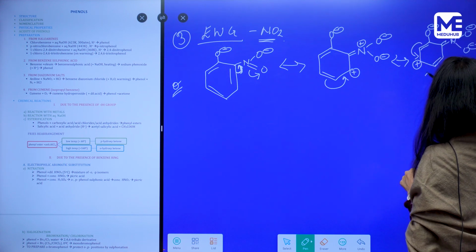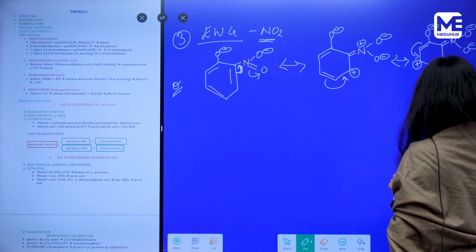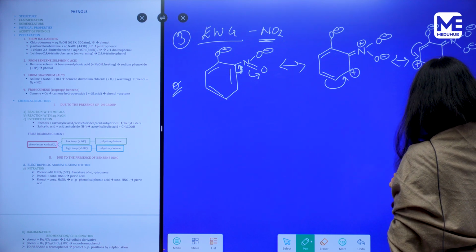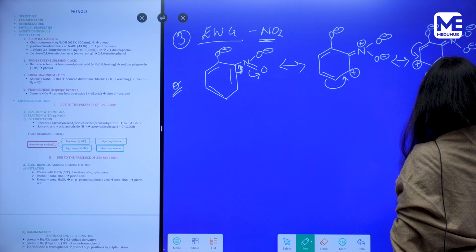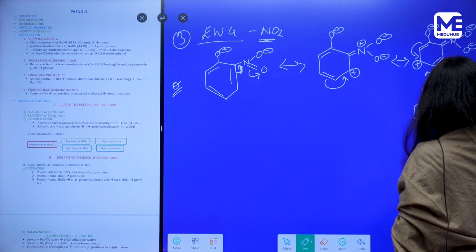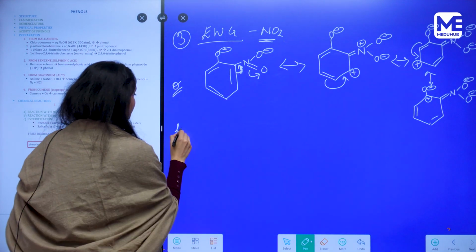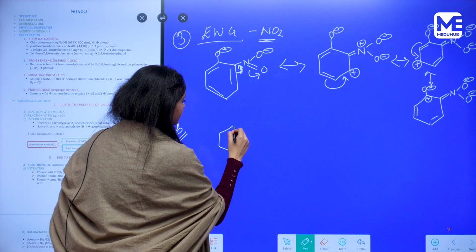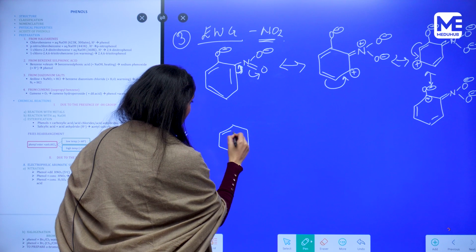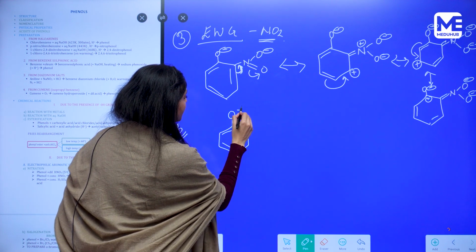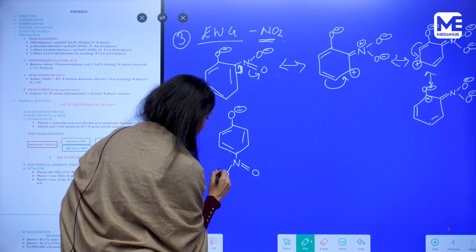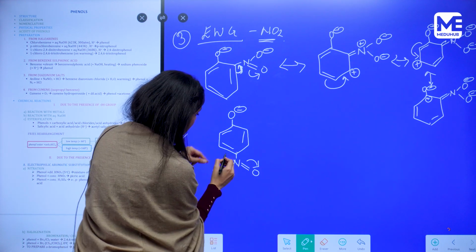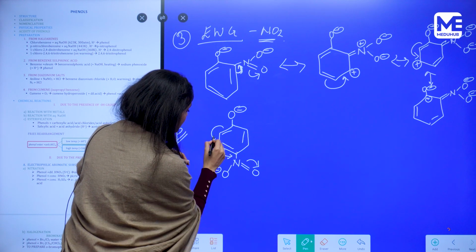Now this will move here. And similarly, if we talk about the para isomer, this is the phenoxide ion. We have it like this. This moves here, this moves here, this moves here.